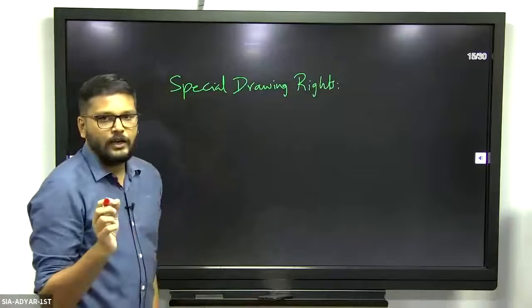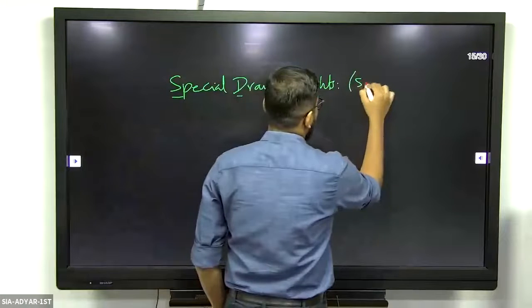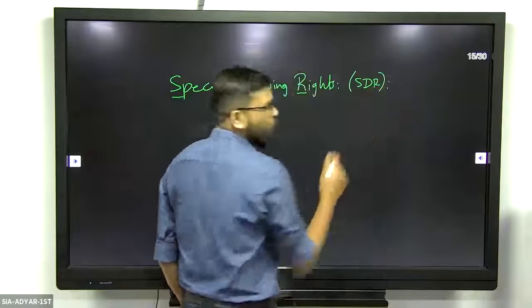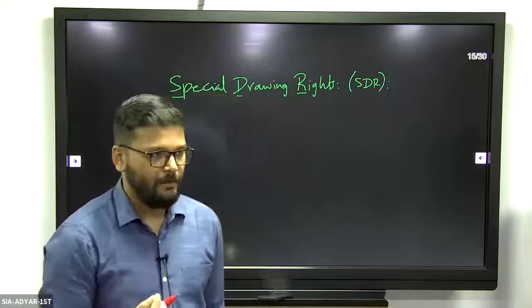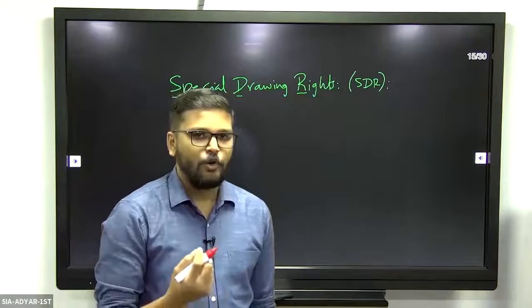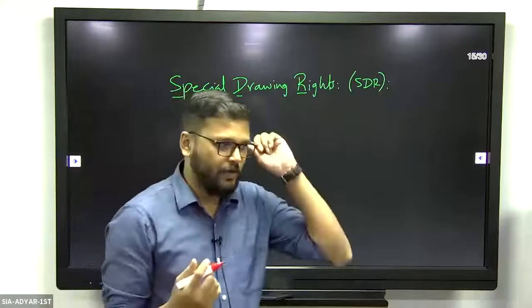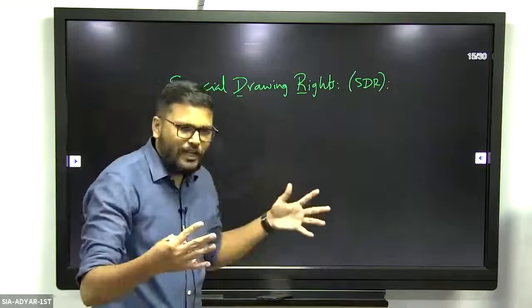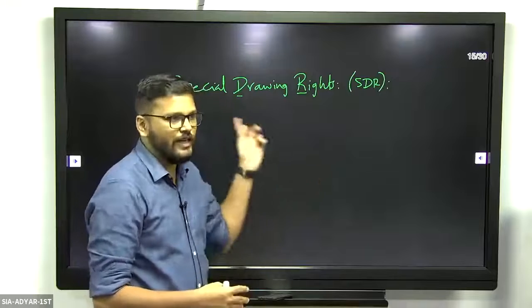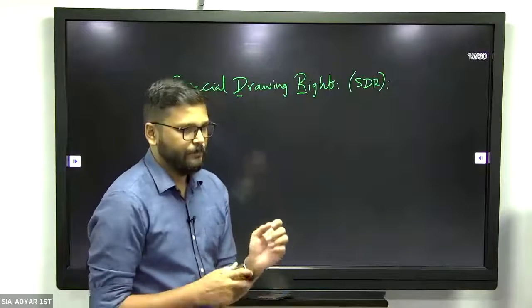Notice this carefully. Special drawing rights is shortened as SDR. So far, we have looked at SDR as a currency of the IMF, gaining its value based on the SDR basket of currencies. Now, this has a very strong correlation to that. That is why it has the same name, but the concept is to be looked at slightly differently.